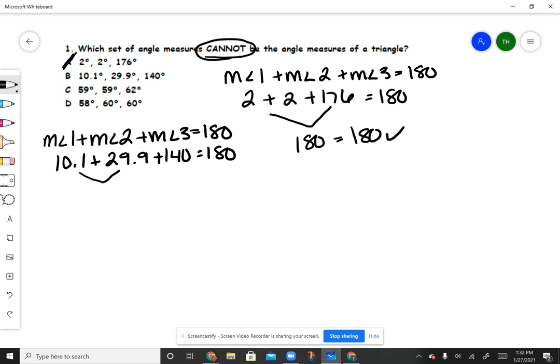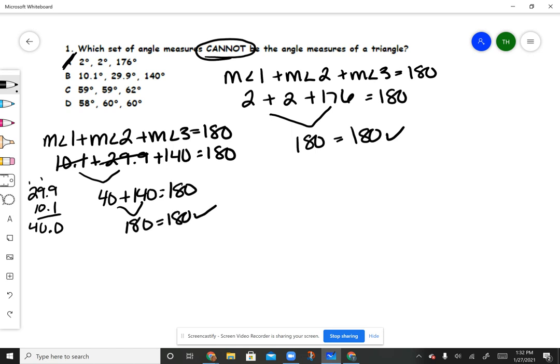I would get 29.9 plus 10.1, 40. Okay, I've used that one and that one. Plus 140 equals 180. 40 plus 140 is 180 equals 180. That's true. Again, I'm looking for the set of angle measures that cannot be the angle measures of a triangle. So B is not my answer.